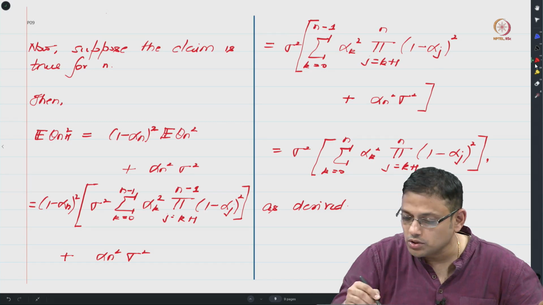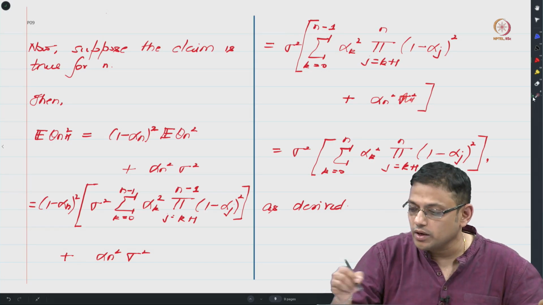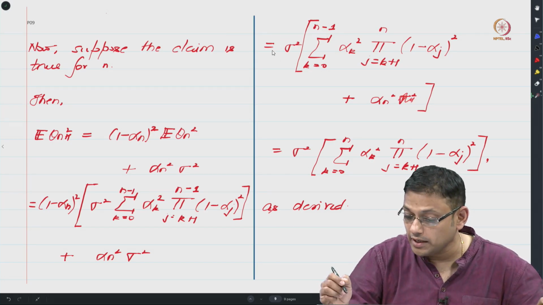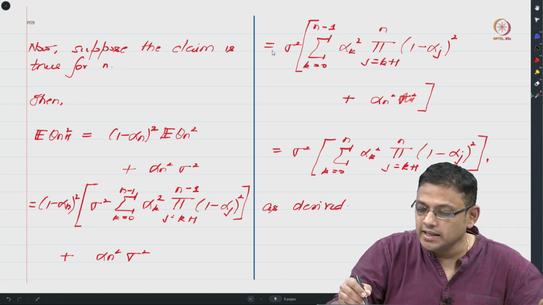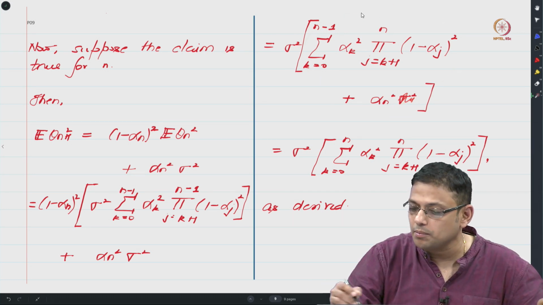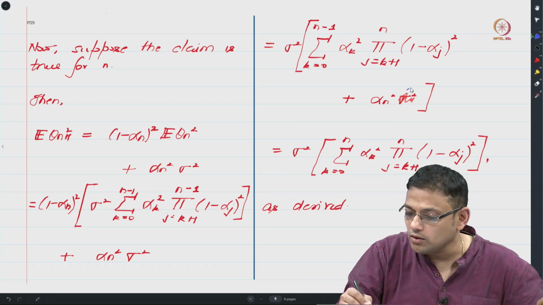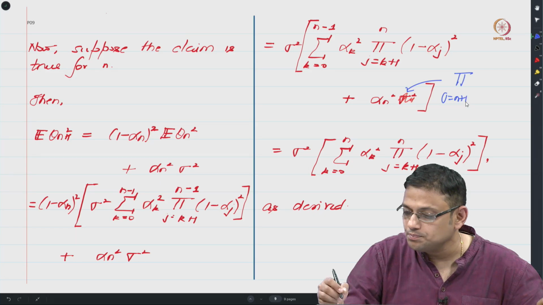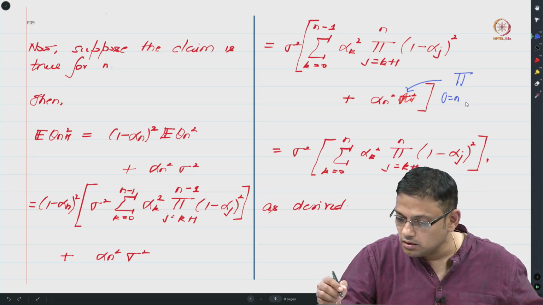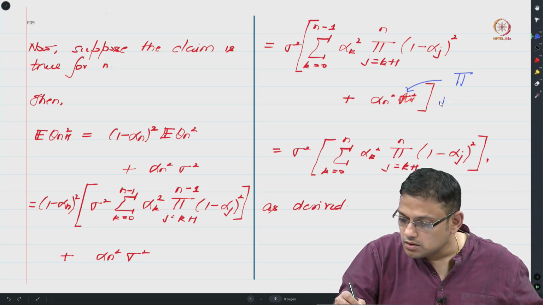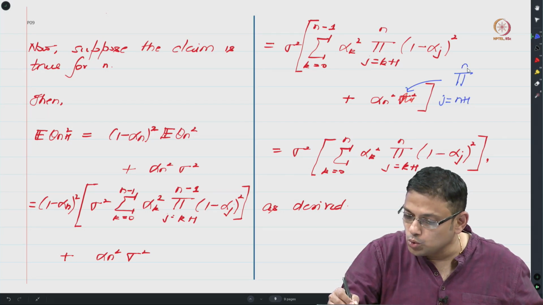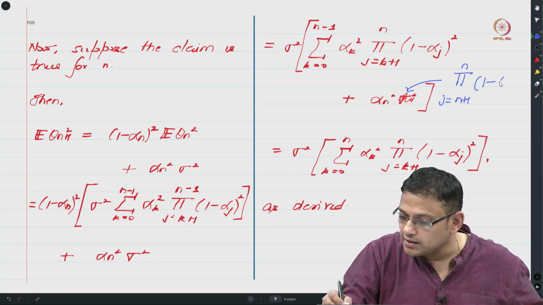There is a typo here: since I have pulled this sigma square out common, there will not be any sigma square. By interpreting the product starting from a higher index and moving to a lower index as 1, one can see that this 1 over here can be written as the product j equals n plus 1 to n of (1 minus alpha j) square.